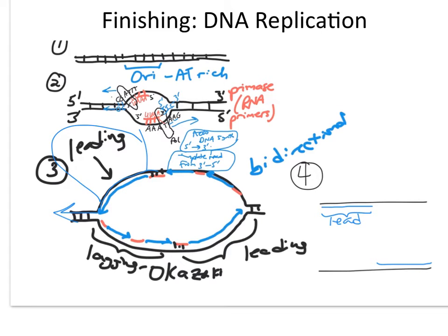By the way, how did I screw up already? The leading strand started from, what had to initiate synthesis of the leading strand? A primer. So there should be a little tiny bit of red at the start of each leading strand.